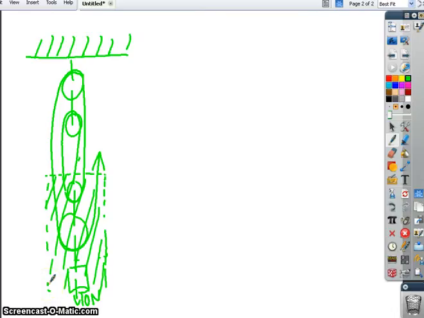We have pulley, pulley, mass, but they're all moving together. Therefore, we have 1, 2, 3, 4, 5 wires pulling up. That means the tension in each wire is going to be 2 newtons, 2 newtons all the way across.